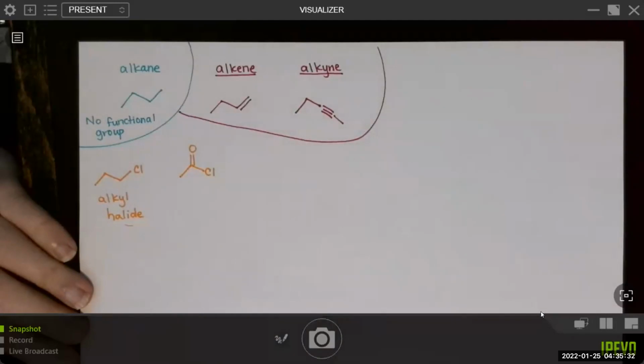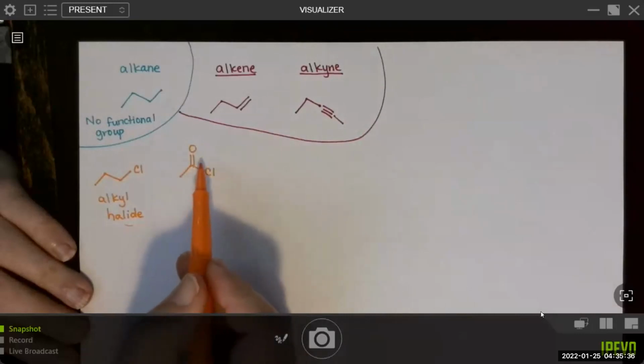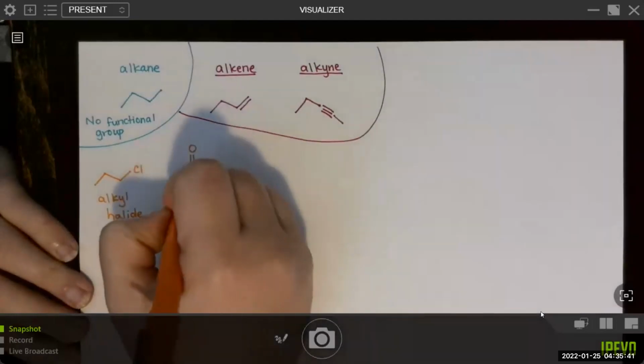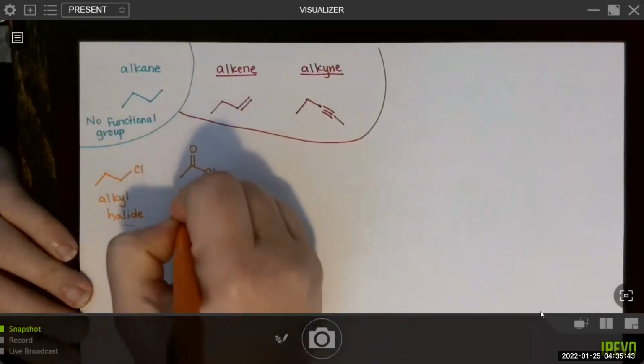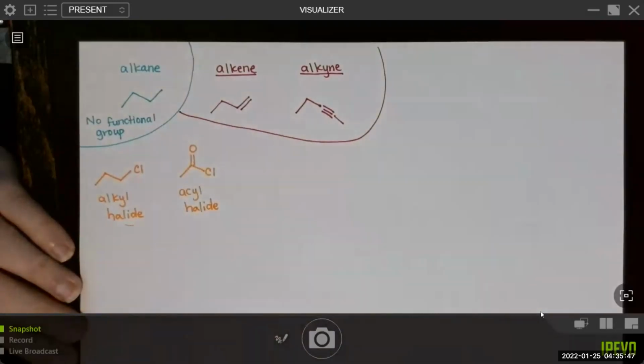That actually makes it a different functional group. This is no longer an alkyl halide because of this double bond to the oxygen. Instead, we now call this an acyl halide. The reason why it's a different functional group is because it reacts differently than an alkyl halide, so we need to call it something different.